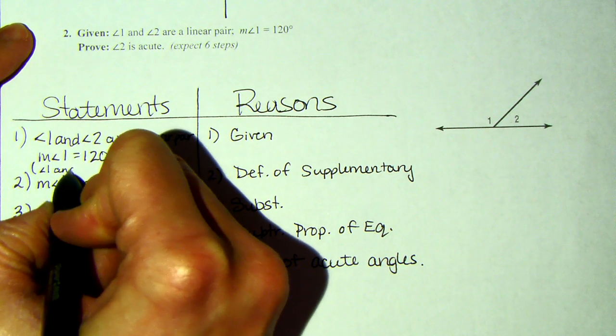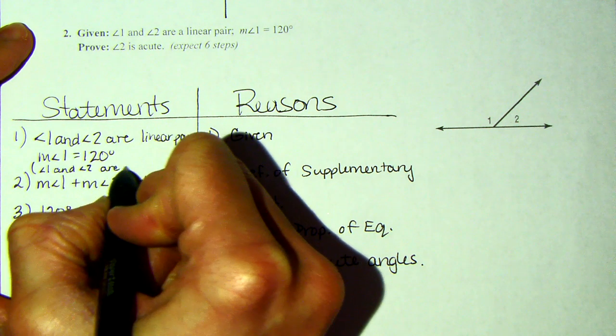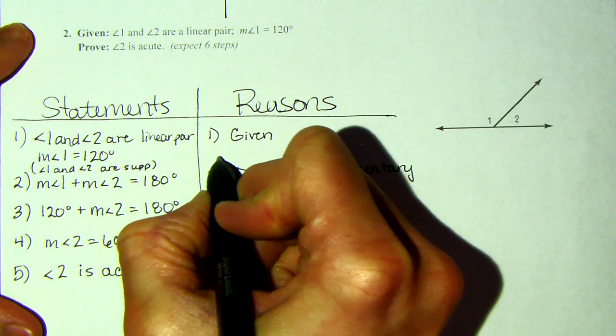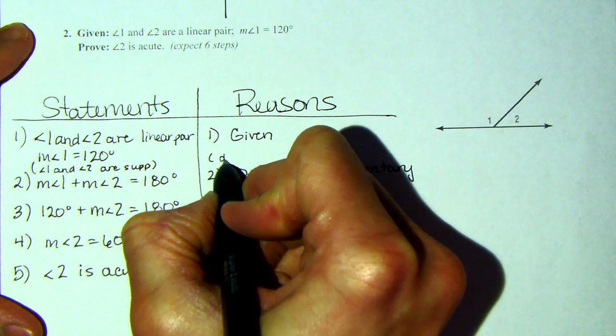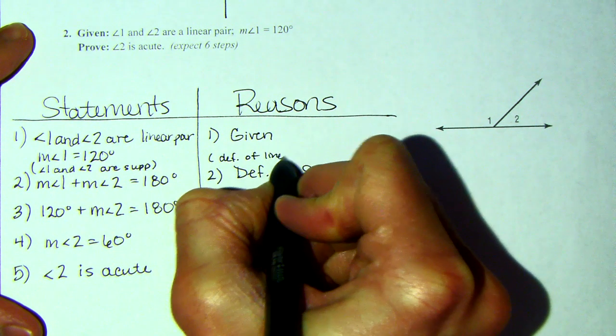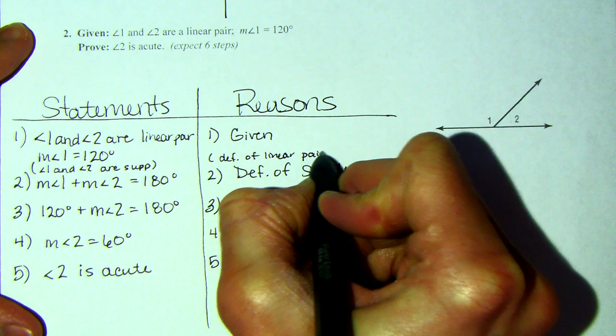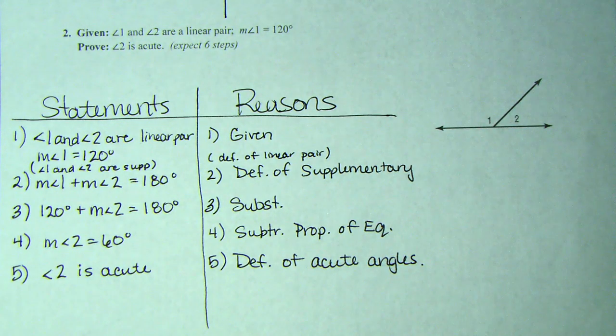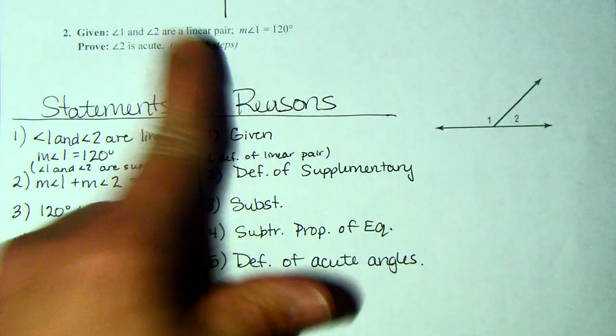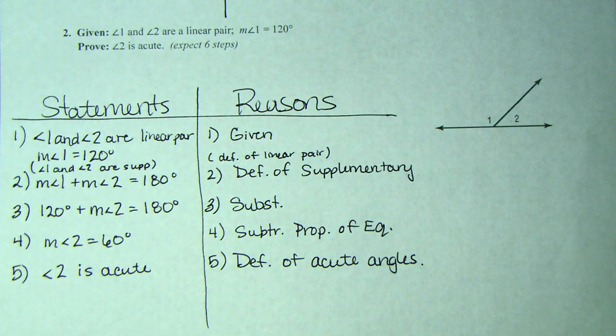And that would have been the definition of a linear pair. That's why up here it says expect 6 steps and I only did it in 5, because I included that supplementary step as one step, okay? All right, so that's all for today.